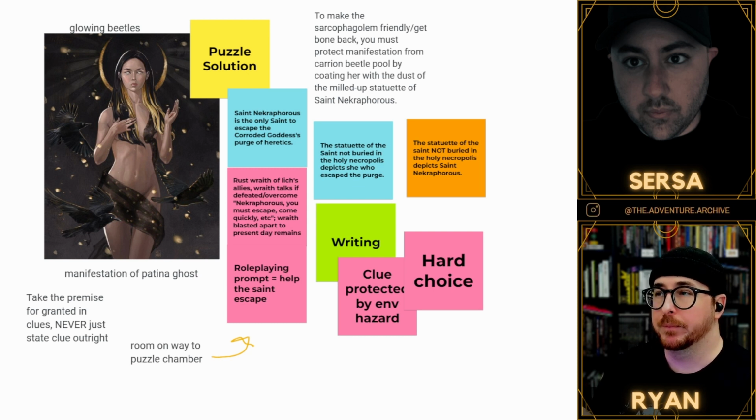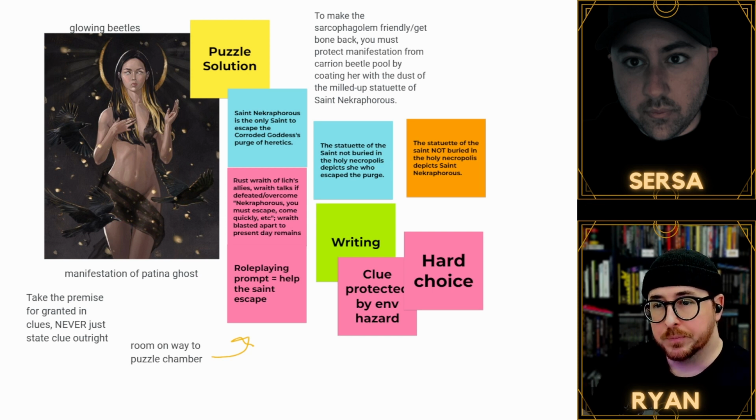All right. How is the patina ghost associated with our carrion beetle puzzle? Because I imagine some type of item they need on a statue surrounded by carrion beetles. I feel like the patina ghost could be somewhere else instead.